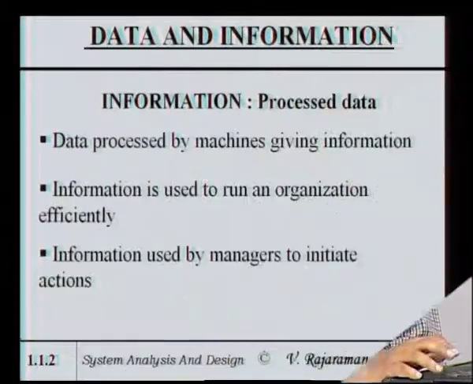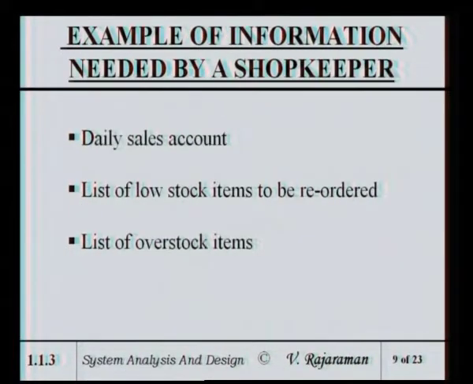As I said, information is used by managers to trigger actions. Now, let us take a more serious example. I took the example of a housewife, which I would call a trivial example. I will take an example of a shopkeeper. Of course, there are shops and shops.